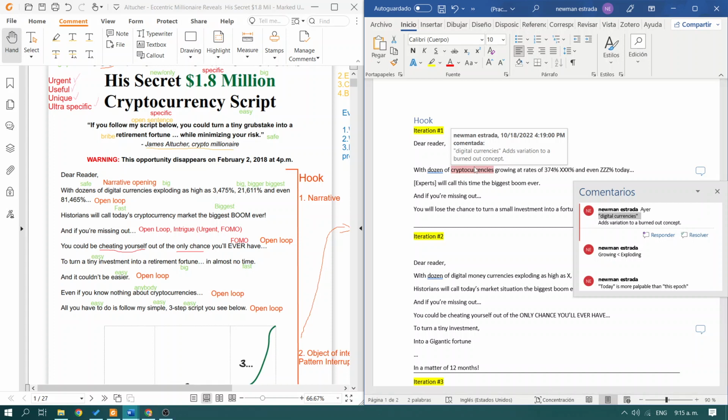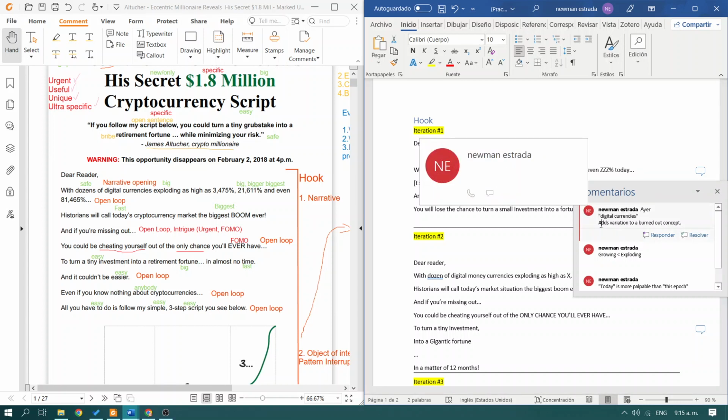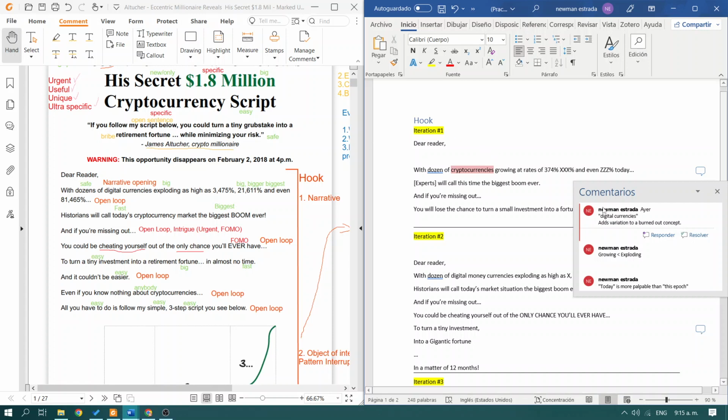Why did he use digital currencies instead of cryptocurrencies? I think he uses that to add variation to a burned out concept, right? So I think it's better to say digital currencies exploding than cryptocurrencies growing. Digital currencies adds variation to a burnout concept, and growing is not as impactful as exploding.